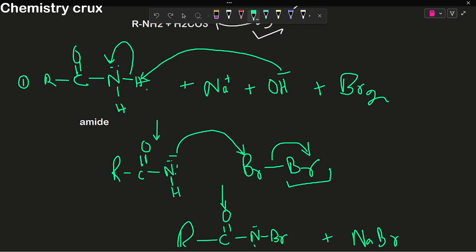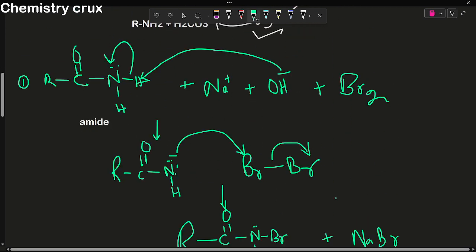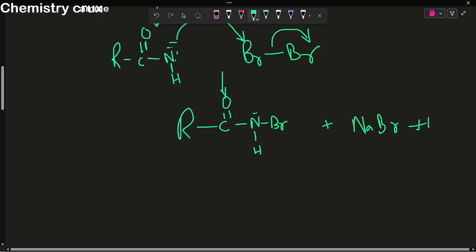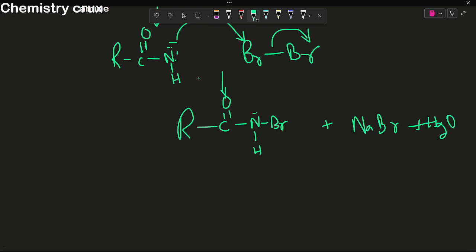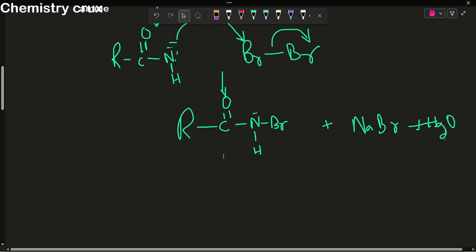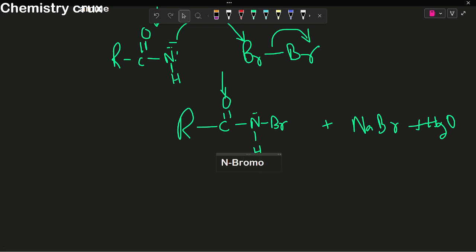Hope you understand that. So we have got NaBr plus H2O. This is the first step of the reaction, and this is the N-bromoamide.